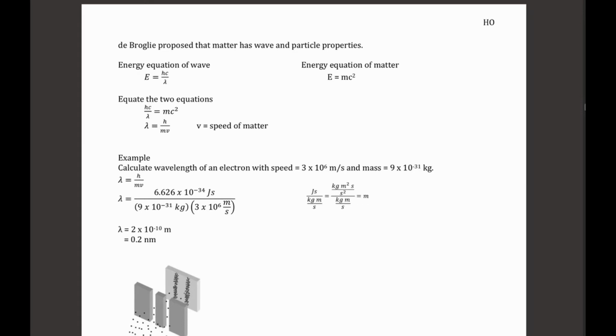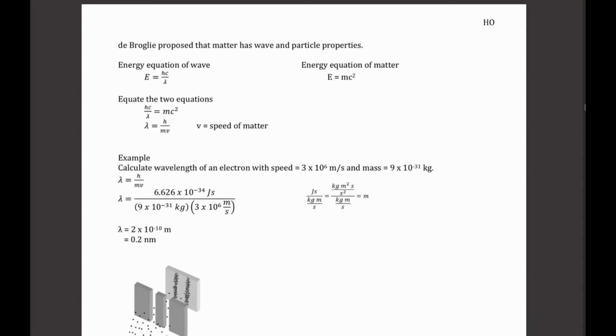If we equate these two equations, so hc over lambda equals mc squared, and we solve for the wavelength, and we replace c by v for velocity, since we're not necessarily talking about light, where v equals the speed of matter, what we end up with is an equation for how we might calculate the wavelength if matter has wave properties.